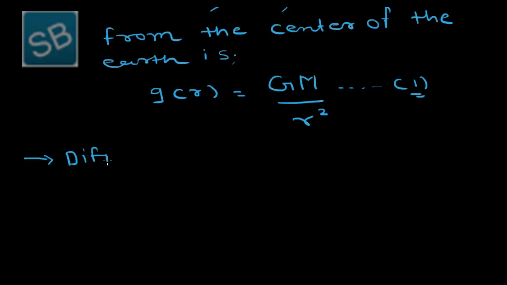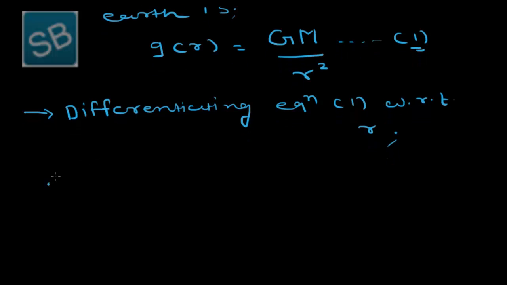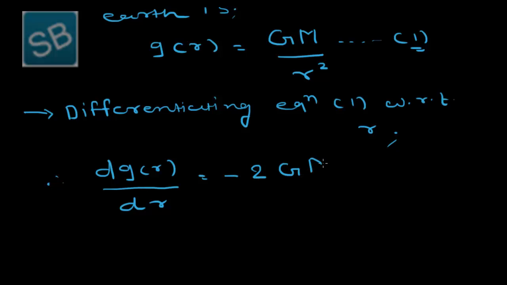So differentiating equation 1 with respect to r, therefore, d of g(r) divided by dr is equal to minus 2GM, where this is the mass of the Earth, I am writing Me, divided by r cube.